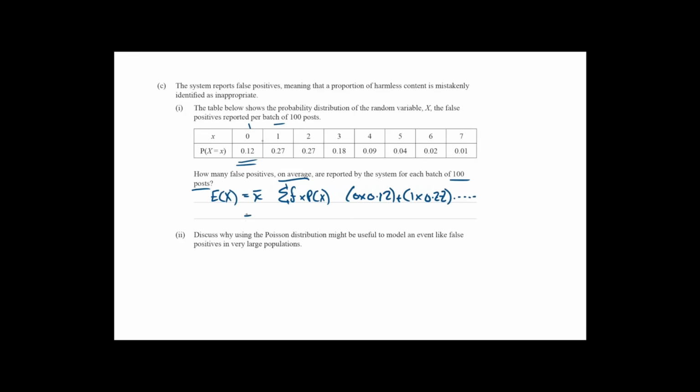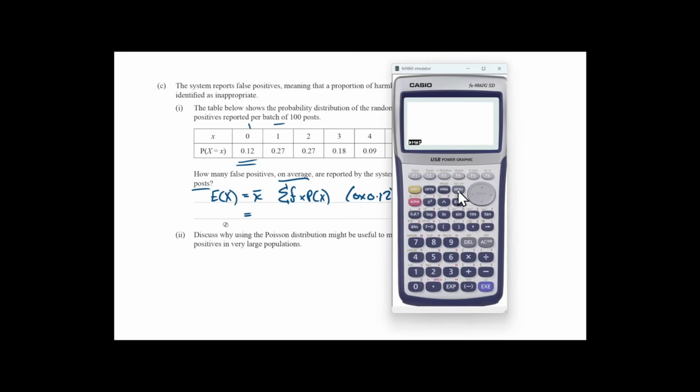Another way we have of doing it is using the calculator. We can just put these in. This is the X that we're looking for, and this is really the frequency. So in the calculator, if you go to menu, stat mode, you'll see what I've set up here already: 0, with a frequency of 0.12.